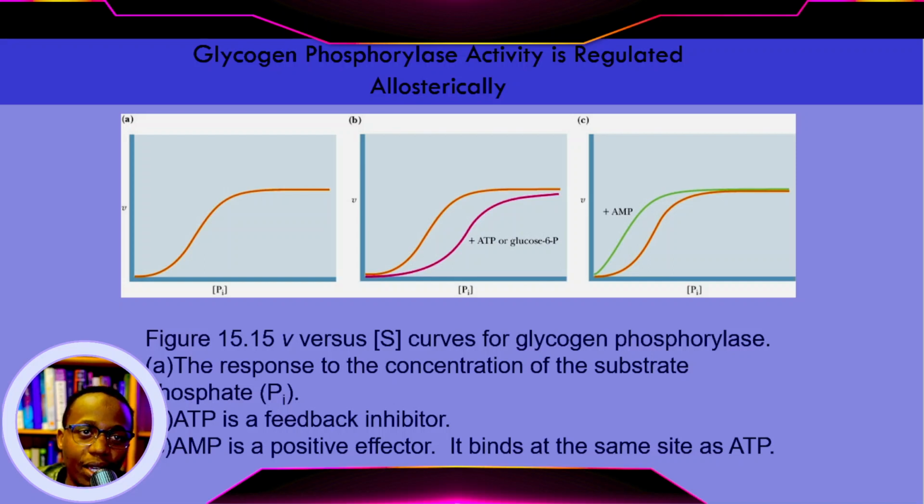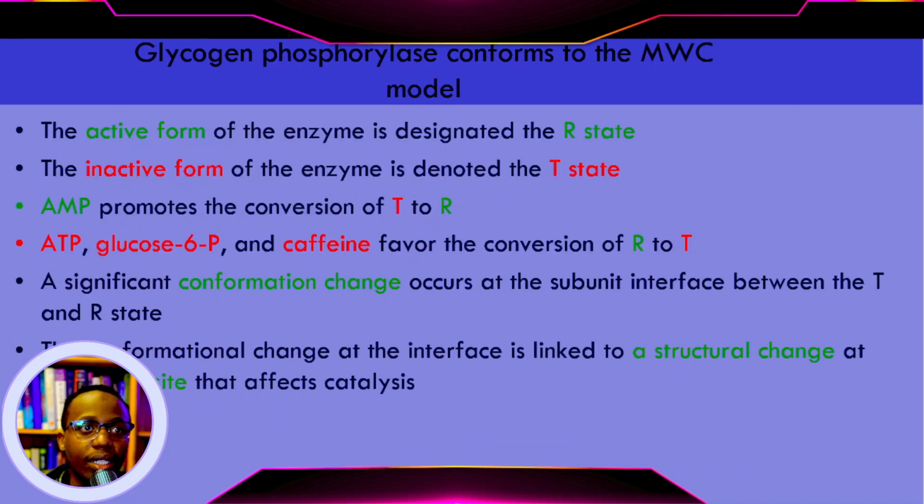When you add AMP, the enzyme is better, right? The enzyme is faster. It has a higher affinity for the substrate, right? By the way, the substrate here is the phosphate. So Pi is the free phosphate molecule. That's what they're using, right? All right, so that's how you regulate it.